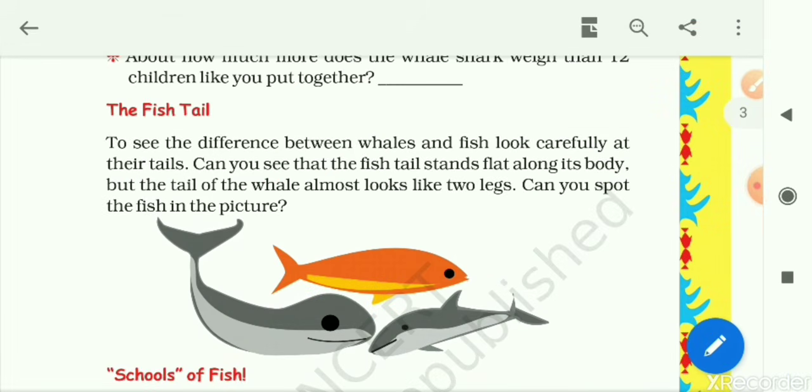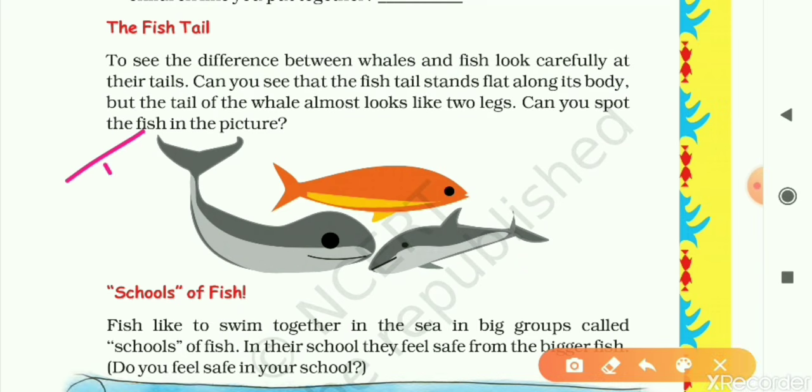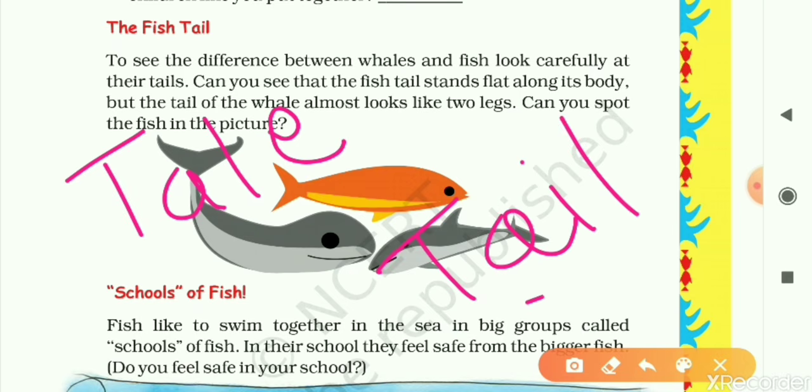So here is the fish tail. Okay, as I have cleared what is the difference between tail, T-A-L-E, and T-A-I-L. Yesterday we have cleared it.